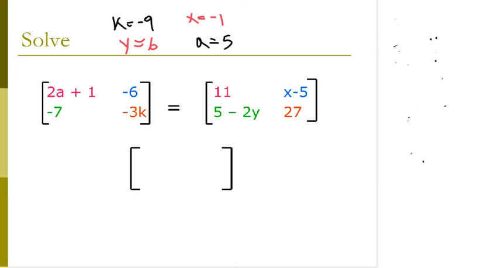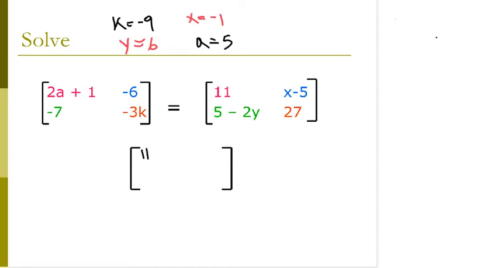So we already know that in the top right here, were we to substitute 6, that negative 9, we would end up with 5. 2 times 5 is 10. 10 plus 1 is 11, as was already written, so we end up with 11.